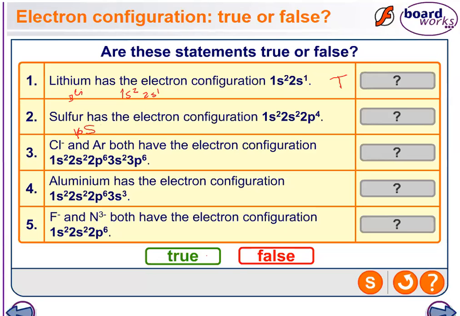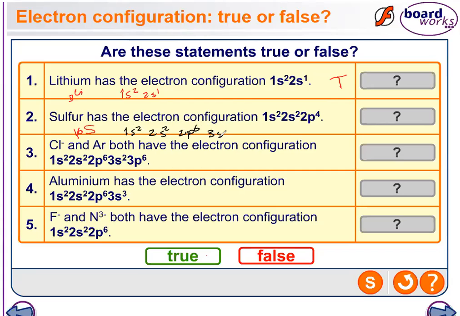Let's try S16. So it will be 1s2. Excellent. 2s2. Brilliant. 2p6. Then? The atomic number is 16, right?